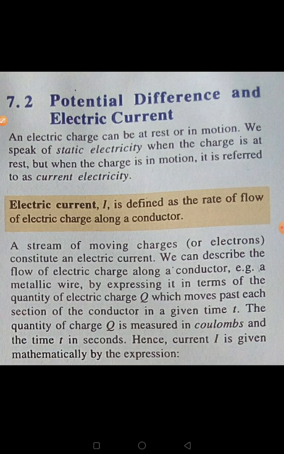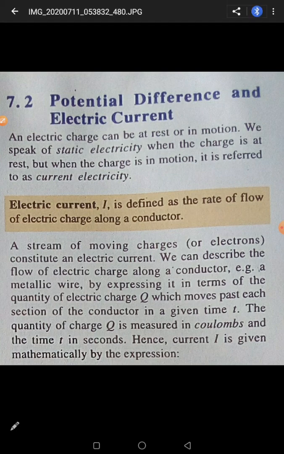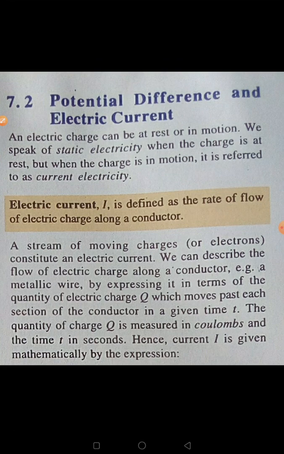Electric current, as I defined here, is represented with the letter I, capital I. It is defined as the rate of flow of electric charge along a conductor. So when charge begins to move, we refer to it as electric current. A stream of moving charge or electrons constitutes an electric current.